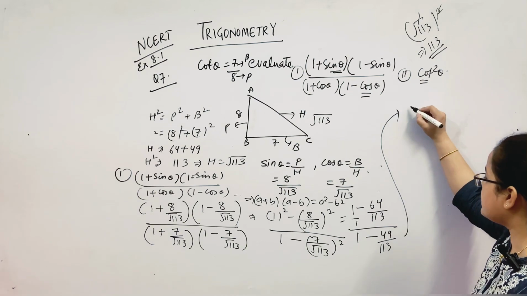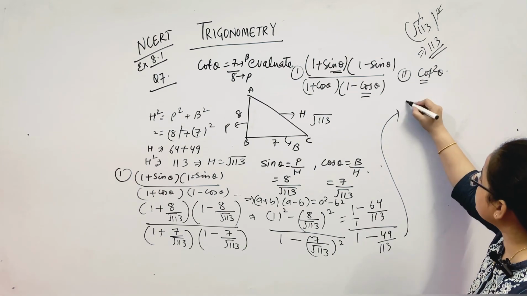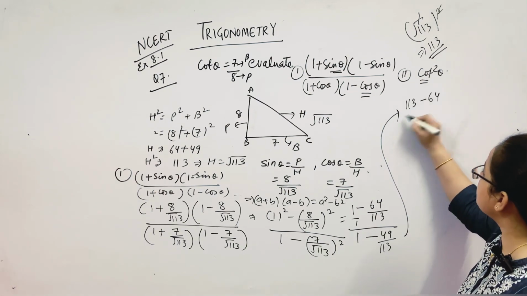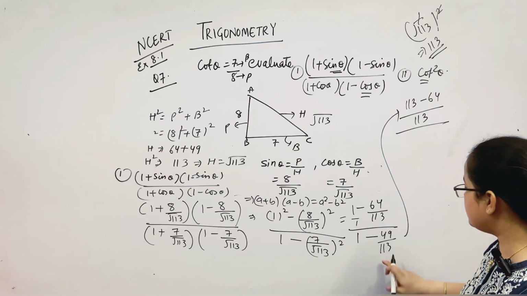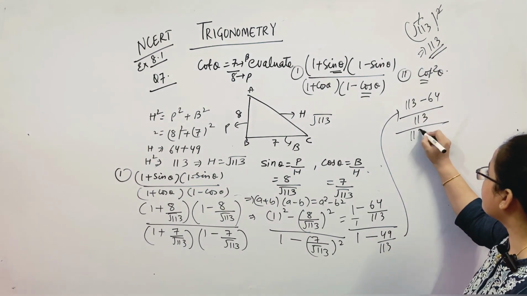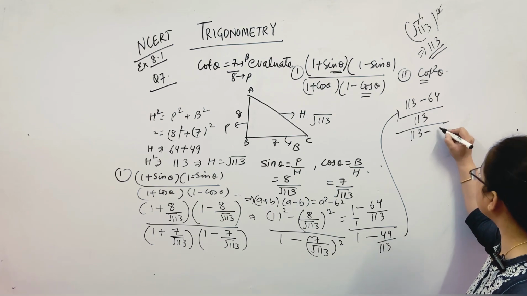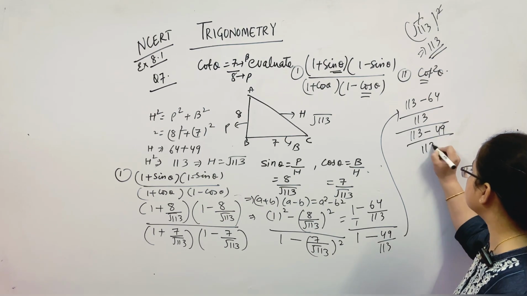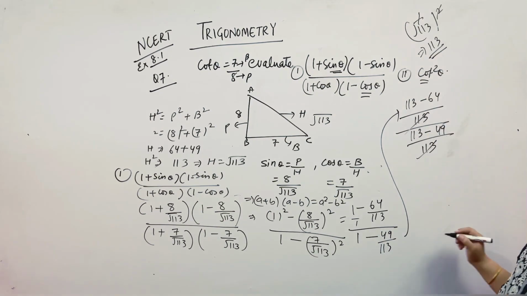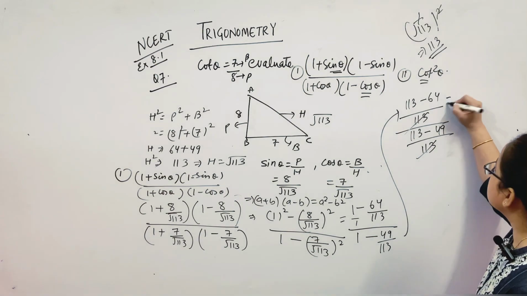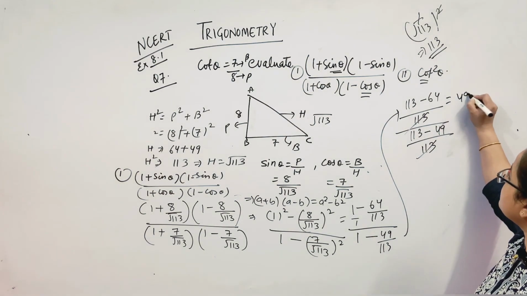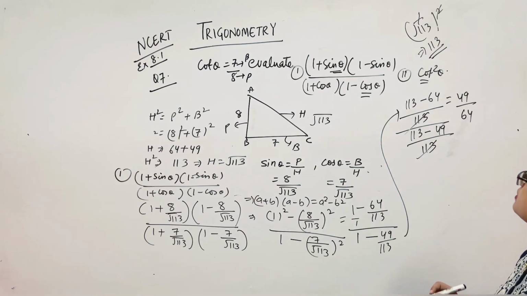I will take the LCM. So (113 minus 64) over 113, similarly (113 minus 49) over 113. 113 will get cancelled out. So your answer becomes 49 over 64 for the first part.